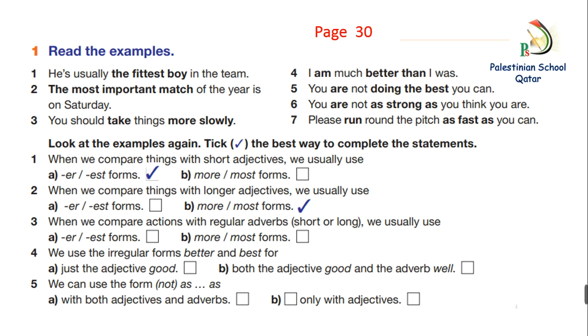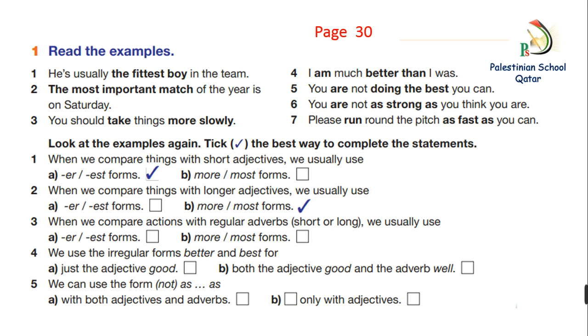Number 3, when we compare actions with regular adverbs, short or long, regular adverbs. Now these take what? ly. We usually use est or more, most, because regular adverb we put ly.